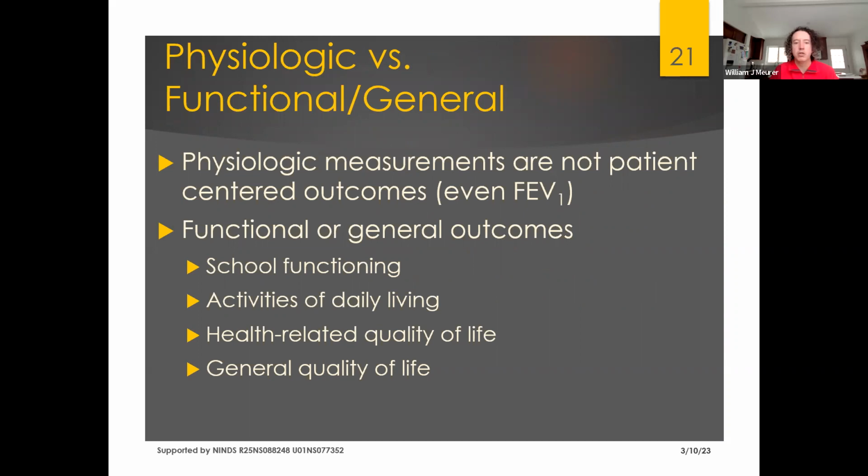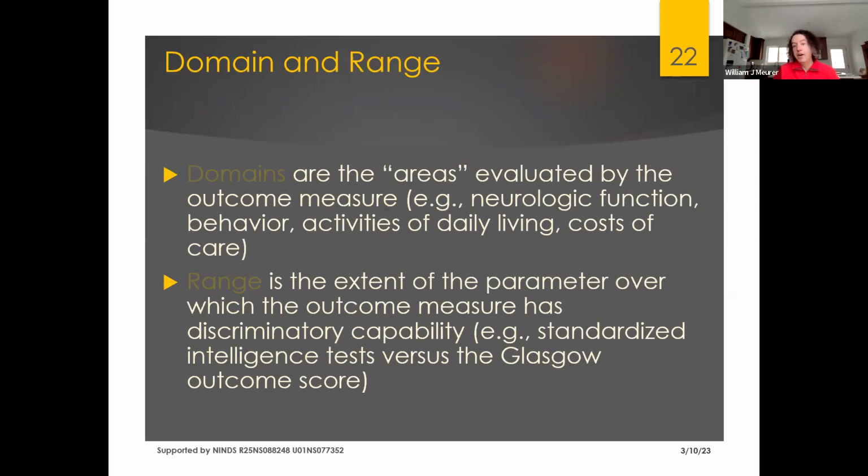Some more general outcomes, like we talked about, health-related quality of life and general quality of life. Domains are areas that are evaluated by the outcome measure, like neurologic function, behavior, maybe motor function, activities of daily living. Range is for a measurement where the measurement actually has discriminatory capability.